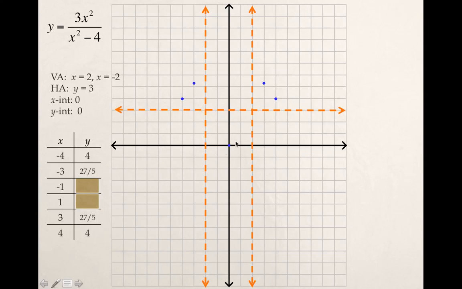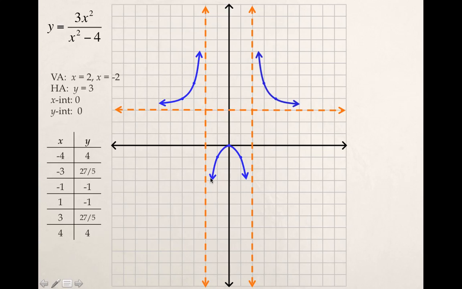Finally, in this middle section here, I've chosen -1 and +1, and those both give me an answer of -1. So I know my dots should go right there. And so now I can use these points as a guide for where my graph should go. My corner huggers are going to happen up here and here.